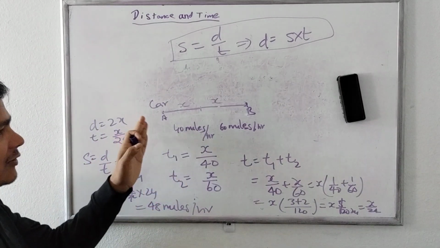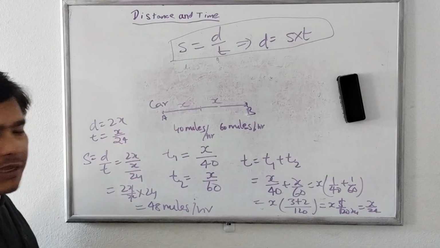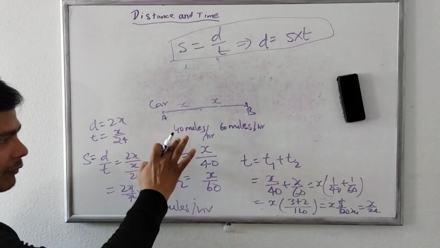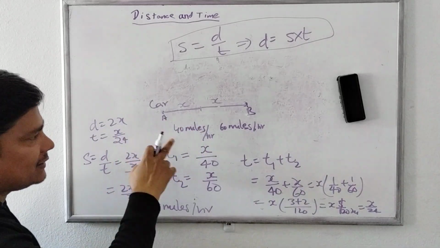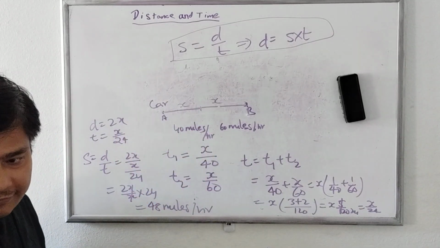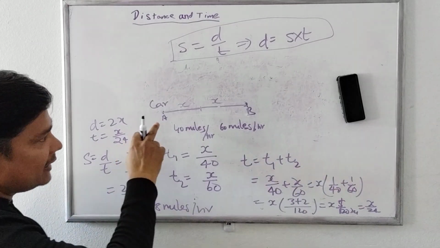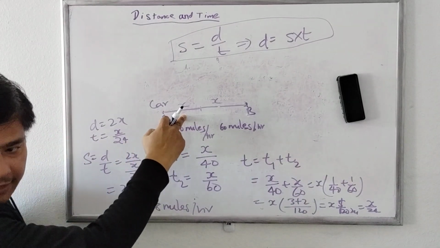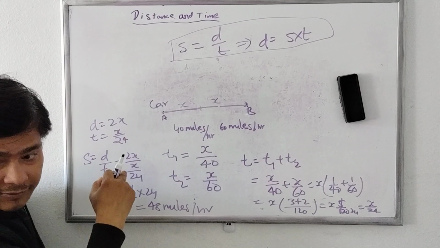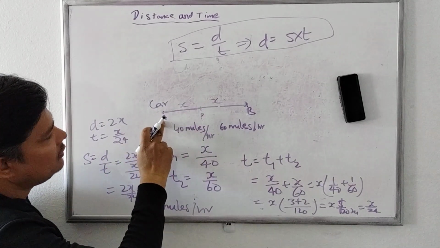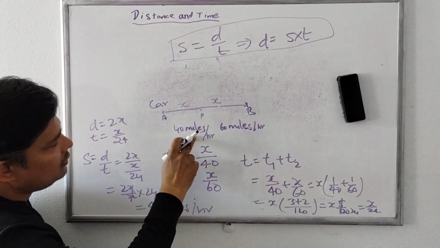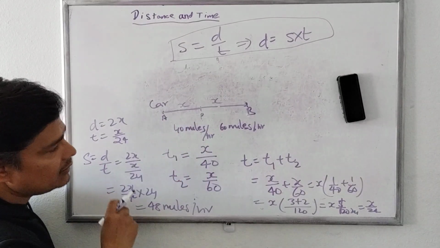So these are the steps you have to use to compute the average speed. It's not like, since the distances are the same, x and x, I will just take the sum divided by 2. No, it's not like that. You have to find the time, because it took different times to travel. Let's say this place is P. To reach P, it took x by 40 time.